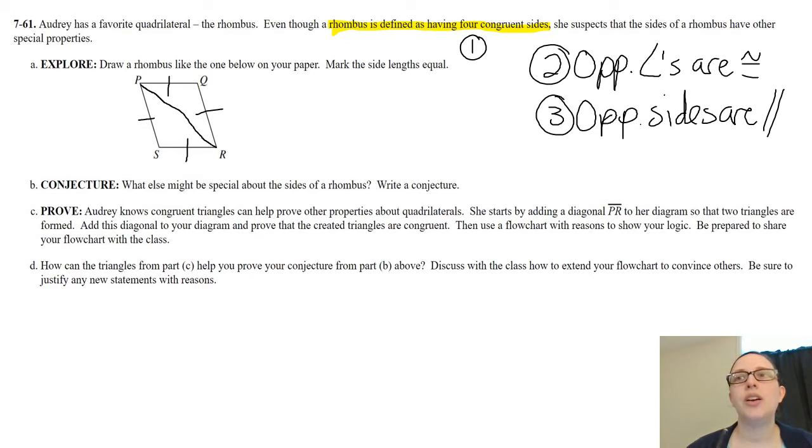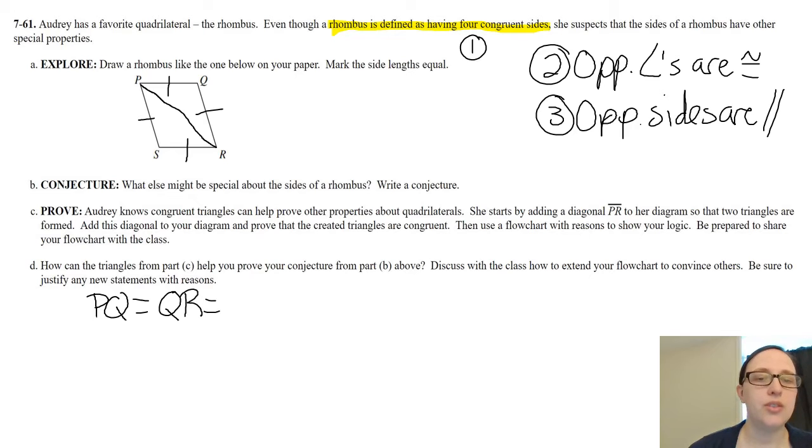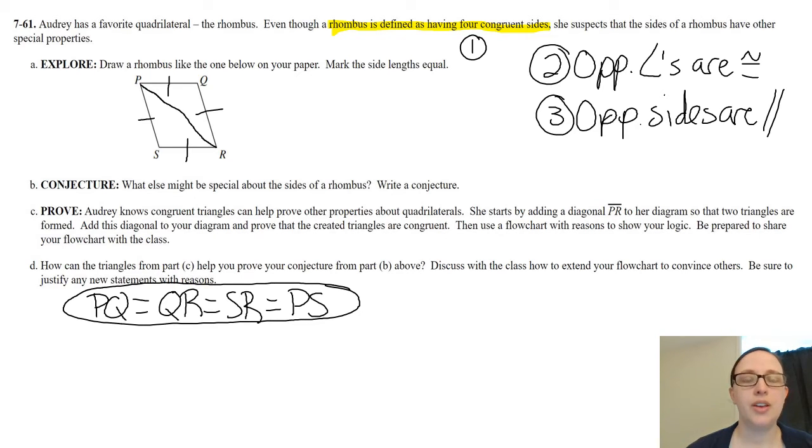All right, so we know that these 4 sides are equal to each other, so I'm going to put that in my proof. PQ is equal to QR, which is equal to SR, which is also equal to PS. Remember, we want to put our justifications underneath now.